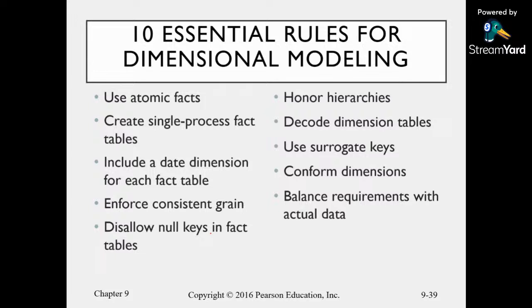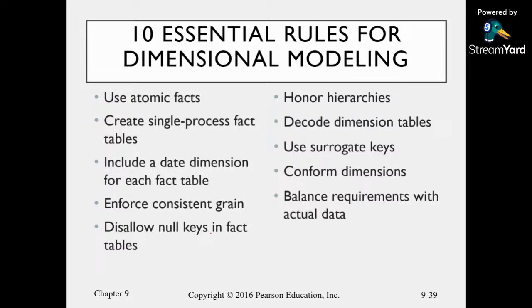Then we include a date dimension for every fact table. That is, a fact should be described by the characteristics of the associated day, the time and date to which the fact was related.